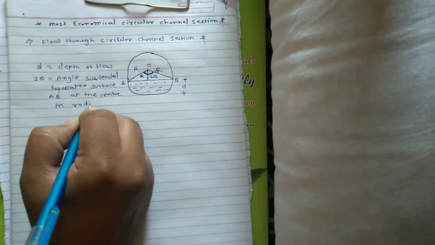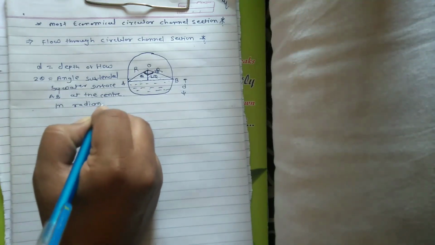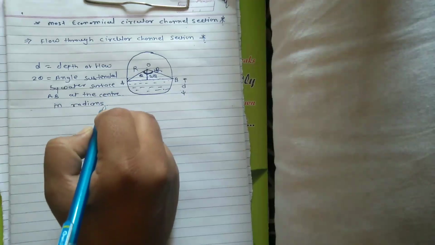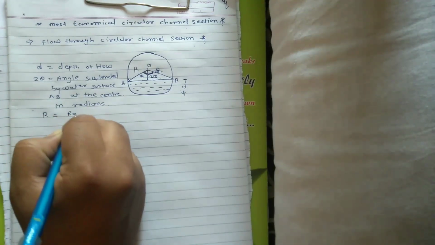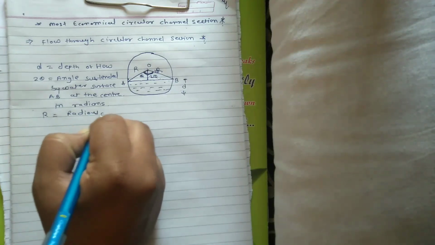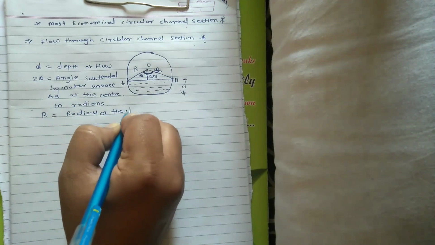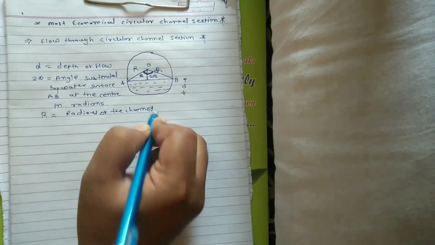So this theta is in radians. This is a very important point, so please keep it in your mind. And R is the radius of the circular channel.